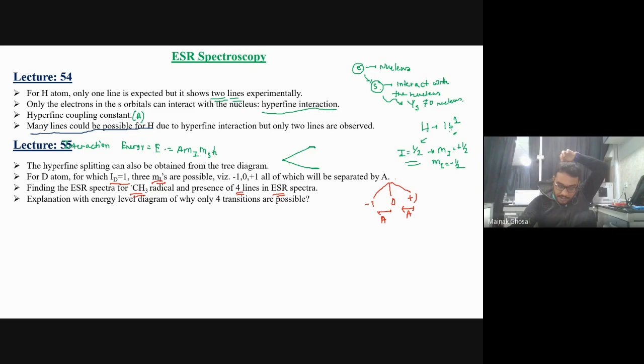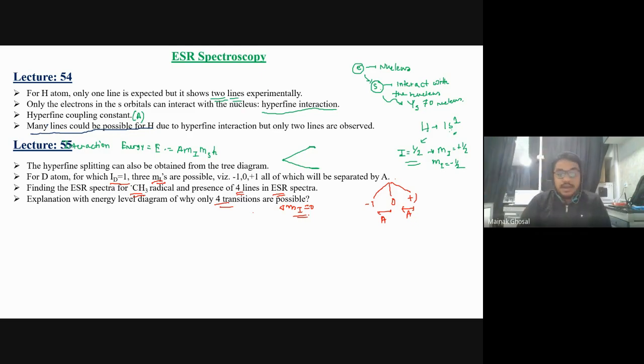For 3 hydrogens, 8 combinations are possible in 2 different ways. Professor Sandberg has explained that, and you can find it in lecture number 55. And why are 4 transitions possible? Because of the selection rule, delta mi should equal 0. That is, the transition will be from the mi state to another mi state with the same value.